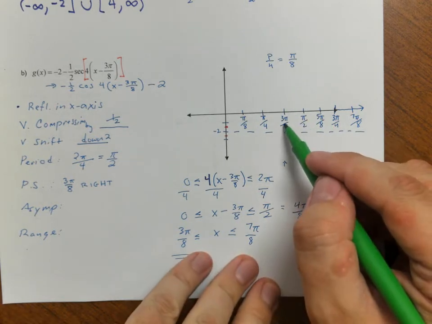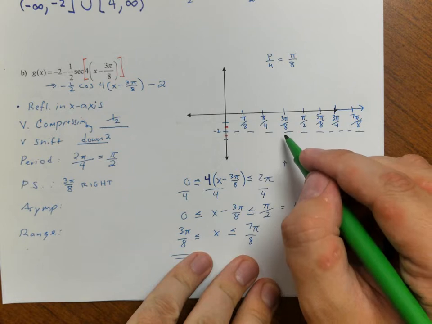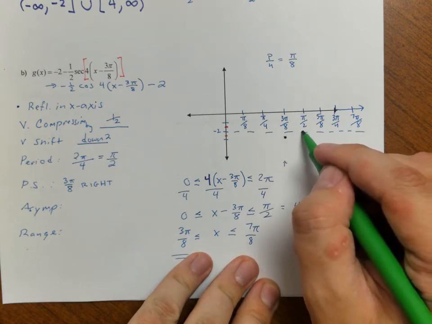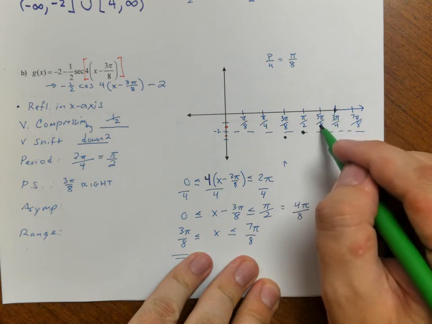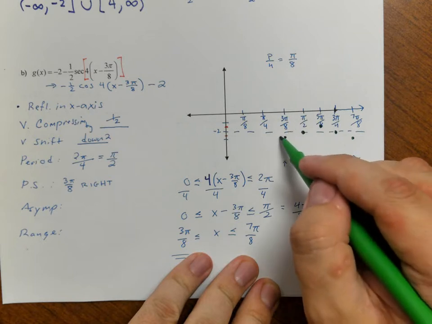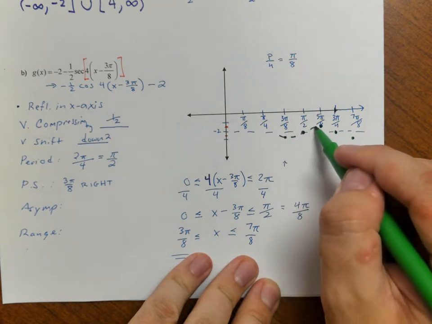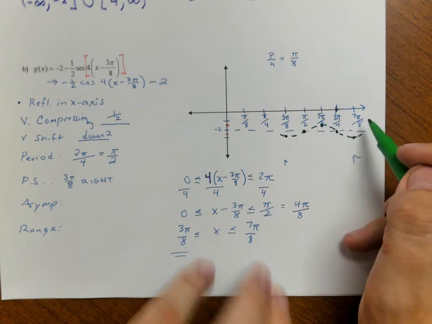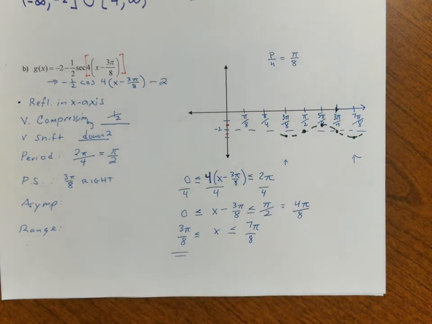Normally I'd start at the top. Since there is a reflection, I will instead start at the bottom and then go to the middle, up high, back to the middle, back down low. Again, I'm putting a dashed curve through this, because that is the cosine.